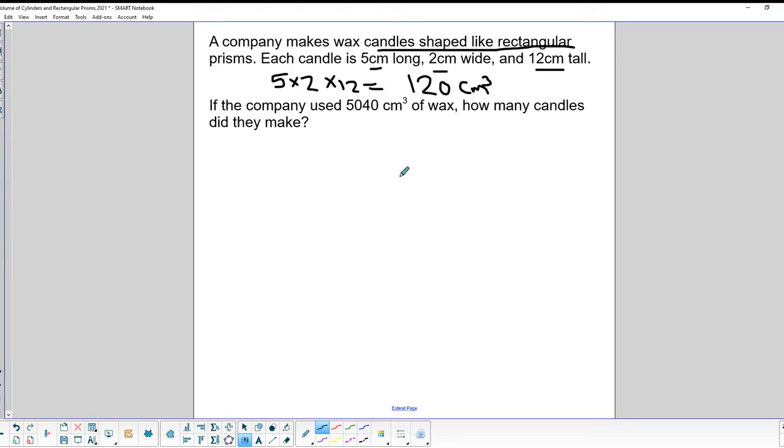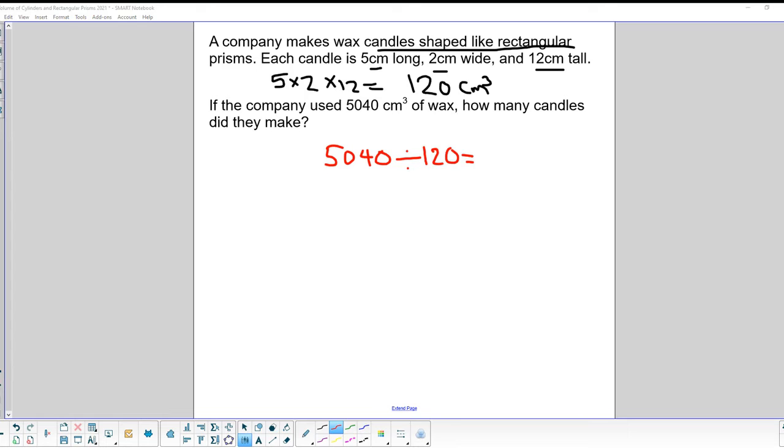Now, if the company has 5,040 centimeters cubed of wax, how many candles can they make with that amount? So you're going to do 5,040 divided by 120. I have my calculator do the calculation.